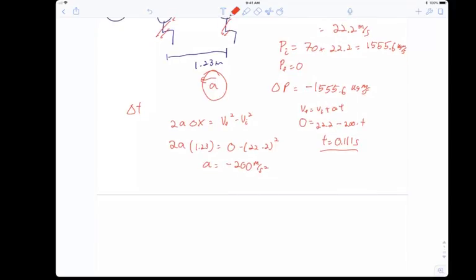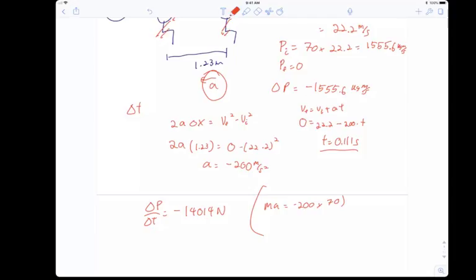So delta P over delta T is equal to 1555.6 divided by my answer, which is minus 14014 newtons. Incidentally, maybe we could calculate using ma instead. Minus 200 times 70, right?